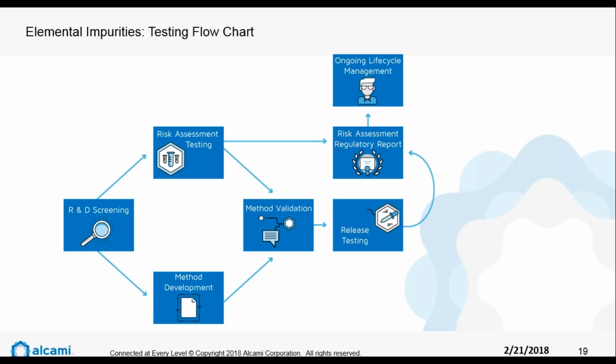We've also seen the R&D screening used as a tool to determine if they were going to move towards the risk assessment approach, or go towards development and validation. After screening X number of lots of material, they would decide if they'd be more comfortable with validation and release testing, or if they felt their elements were going to be low enough to proceed with just risk assessment testing.